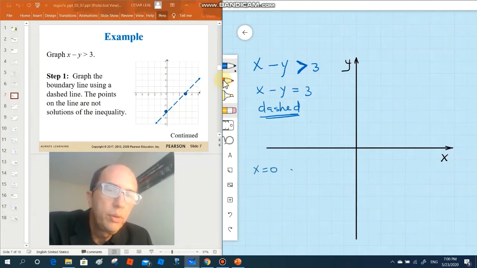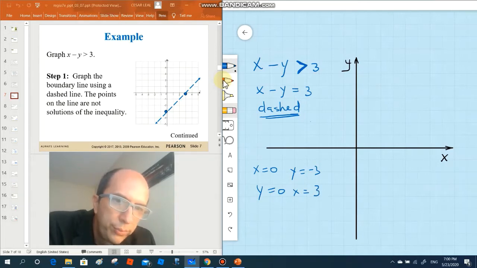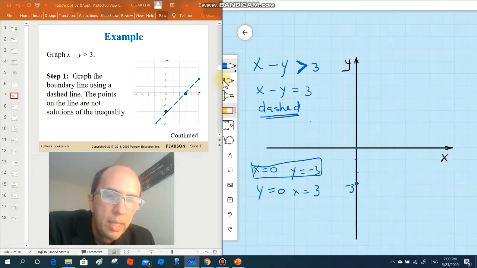If x equals 0, y equals negative 3. If y equals 0, x equals 3. So first ordered pair, 0 and negative 3. 1, 2, 3, negative 3. y equals 0, x equals 3. 1, 2, 3.